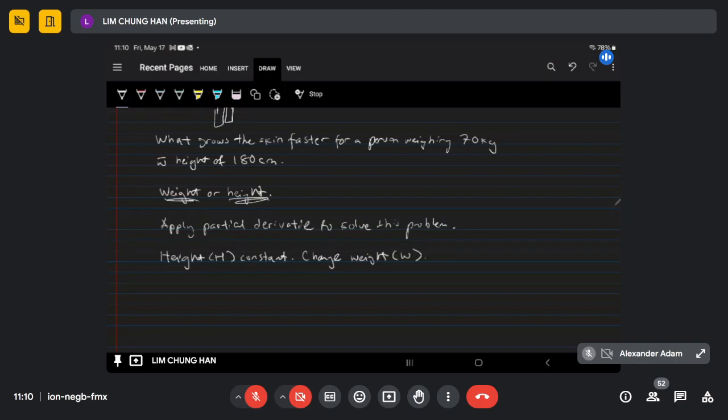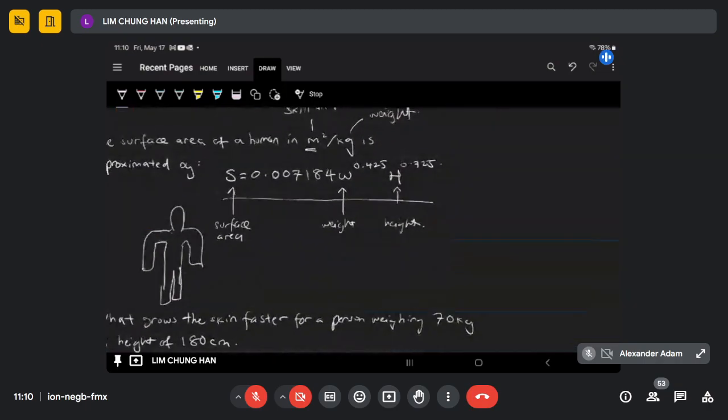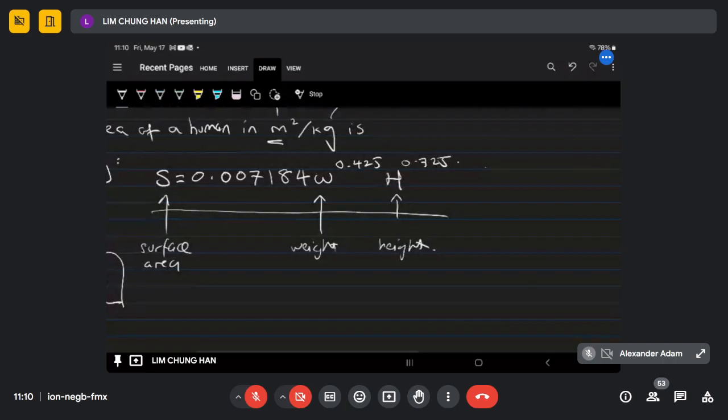Now do you start to see how this is very similar to what we're doing? H constant, W is variable now. So that means you take this formula, you keep H as a constant, you differentiate W, correct?